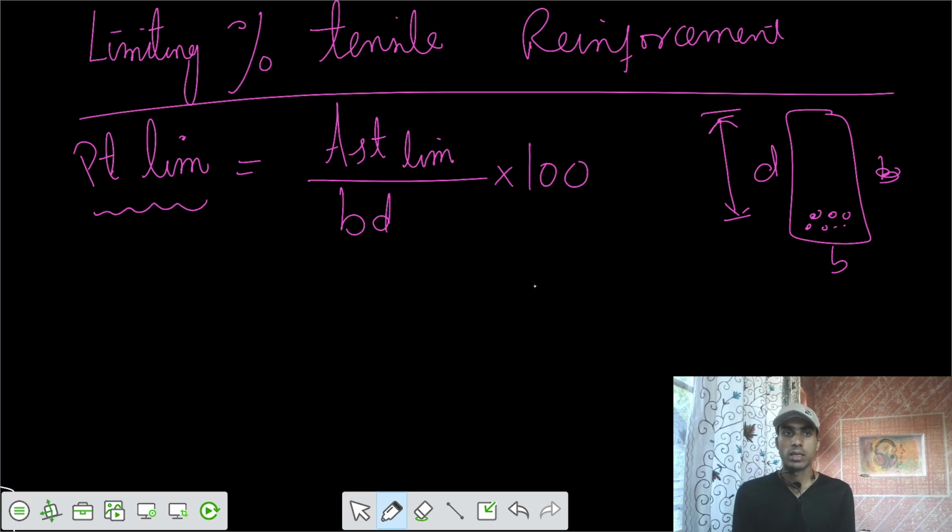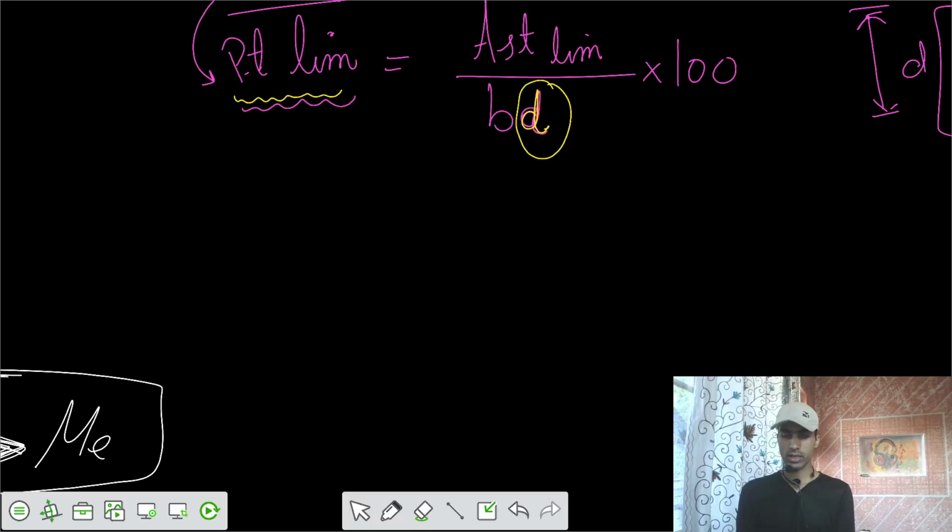So PT limiting, the percentage tensile reinforcement limiting, is AST limiting divided by B and small d, keep that as small d, into 100. Now we know the equation of AST from C equals T: AST equals 0.36 FCK B times XU divided by 0.87 FY.